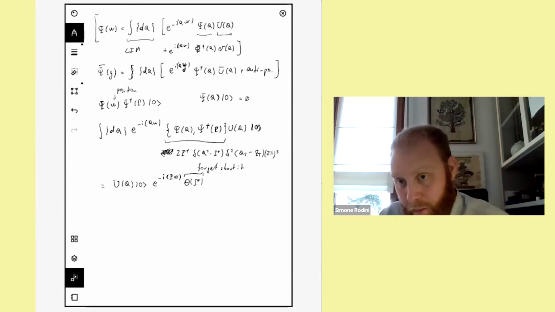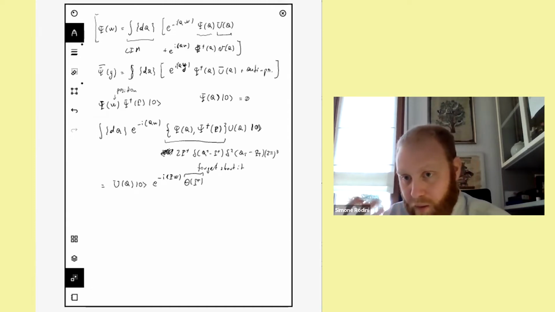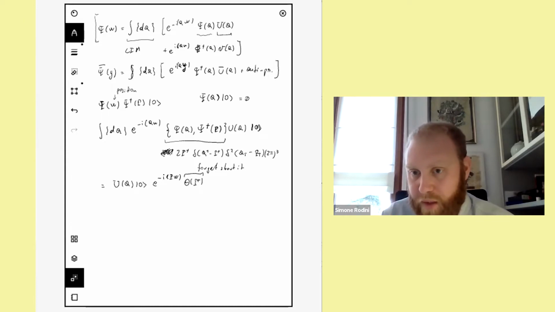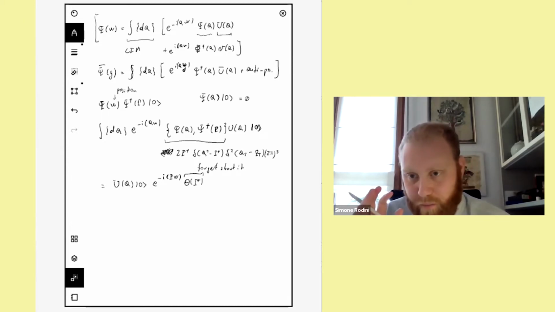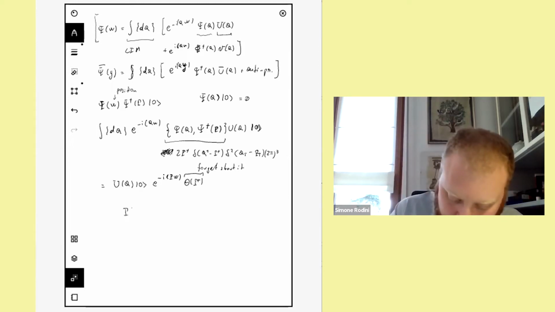In light front quantization, the proton state is a physical proton, so it has to be on shell. You can prove that a massive on-shell state is forced to have positive p plus. P mu, in instant form quantization in the rest frame, is 0, 0, 0, where this is time and this is space.